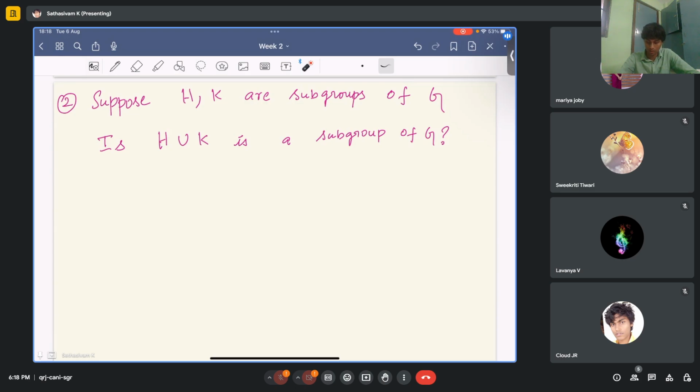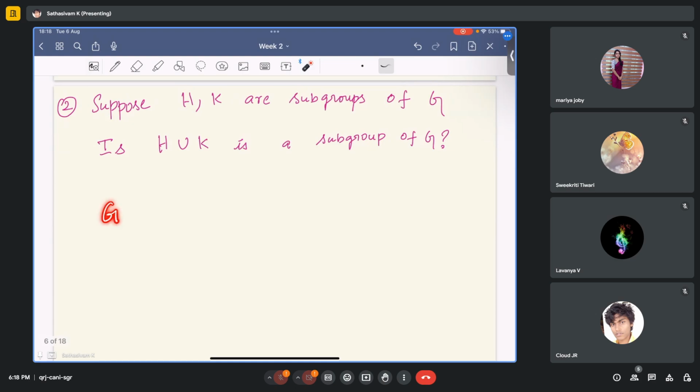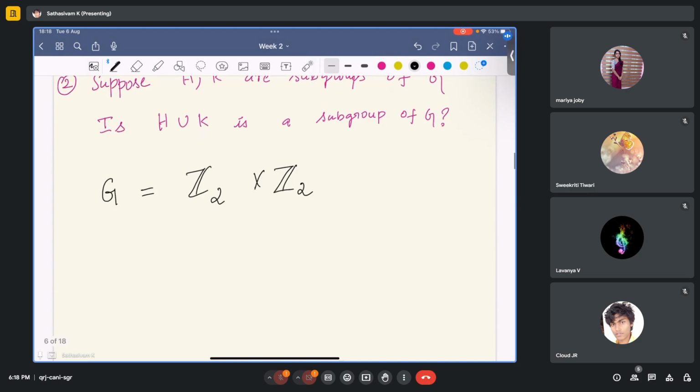So in general, the union of two subgroups need not be a subgroup. Here is an example that I will give. For example, you take the group G to be Z2 cross Z2. So you take the product of two cyclic groups, Z2 cross Z2.